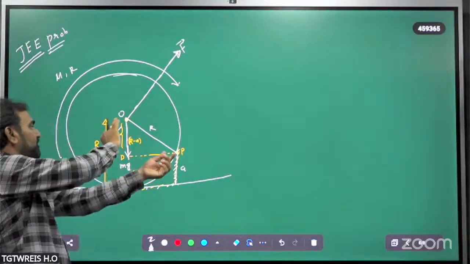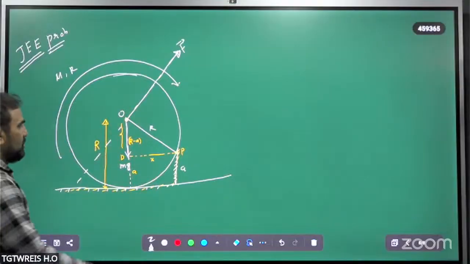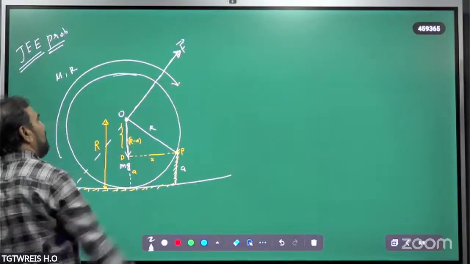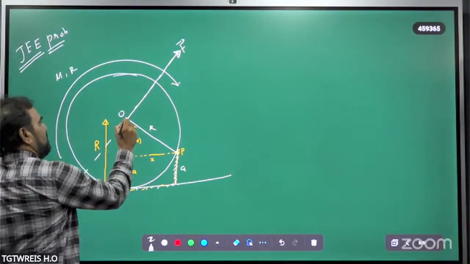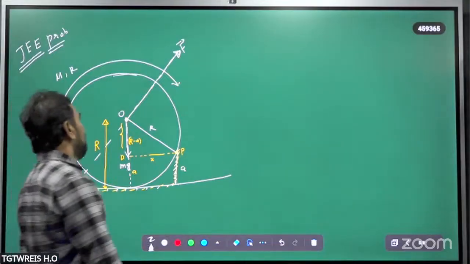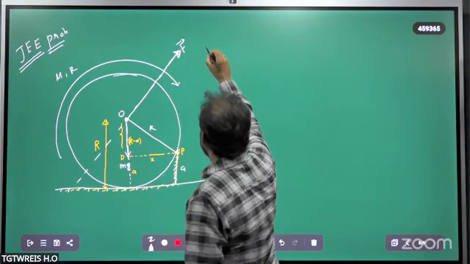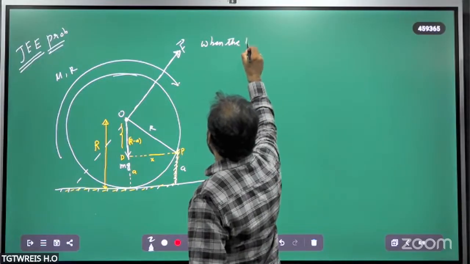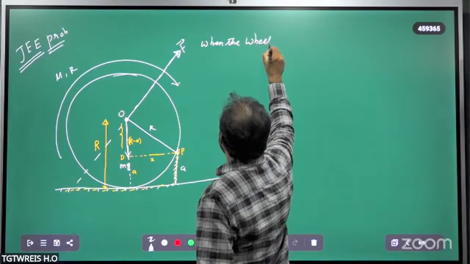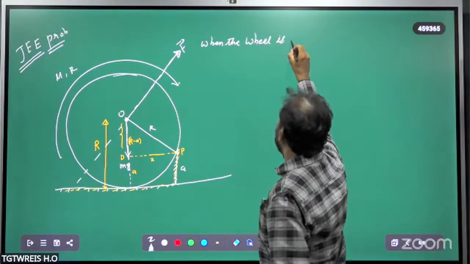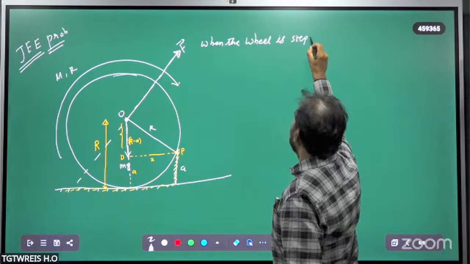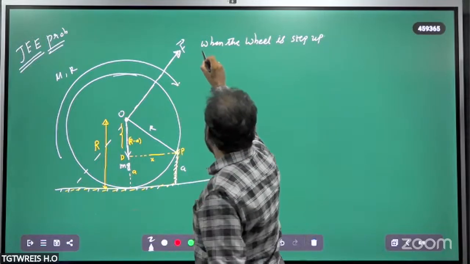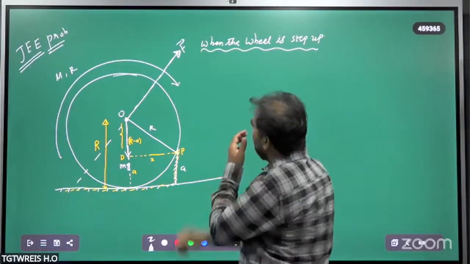When the wheel steps up, what conditions are applicable?